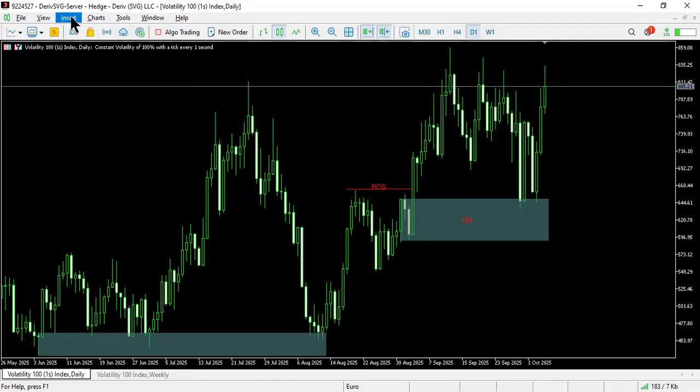And then as we can see, price also cleared that high up there. That is another break of structure.